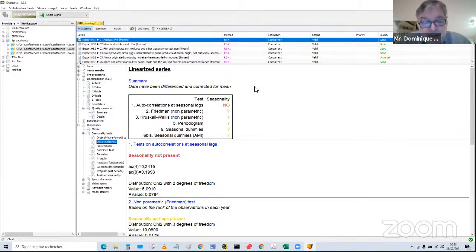Hopefully, at the beginning, you will do it with the user interface, the graphical interface in JDemetra, and when you are strong enough, experienced enough, you will develop an automatic process.